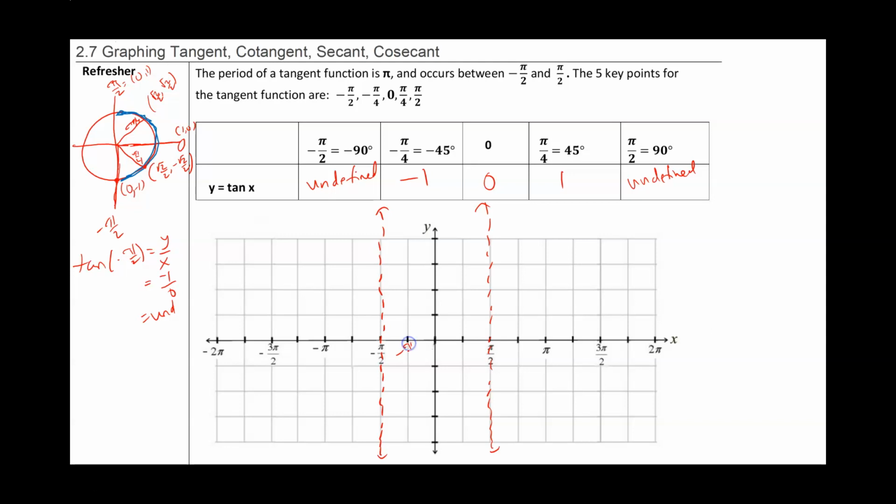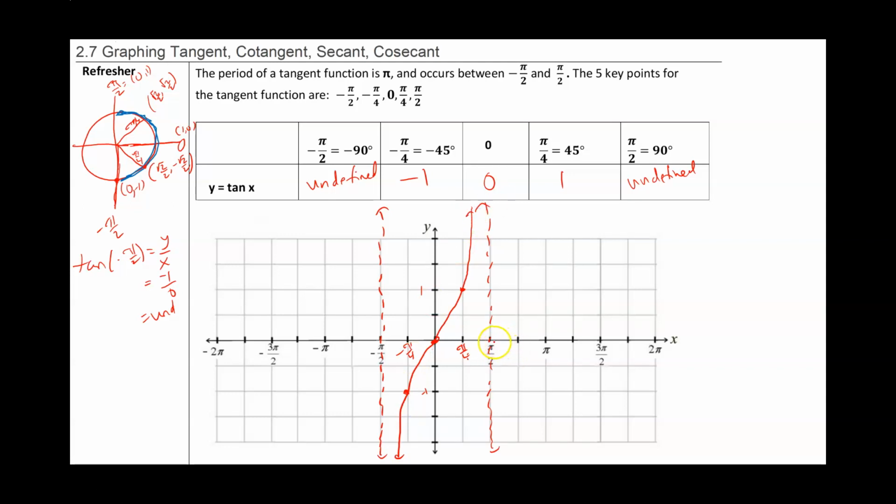At negative pi over 4, we have a value of negative 1. This is negative 1 here. And then at 0, we have a value of 0. And then at pi over 4, we have a value of 1. And our tangent function is going to look something like this. And remember, that pattern keeps repeating.